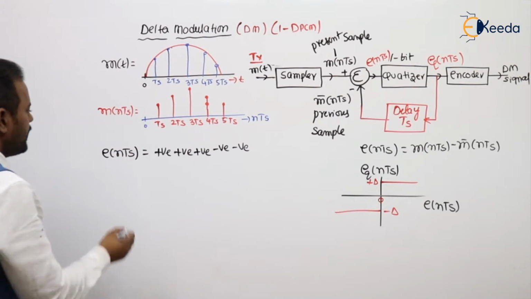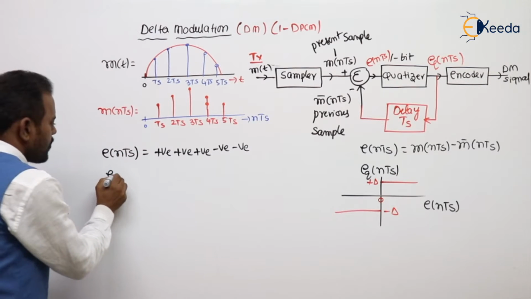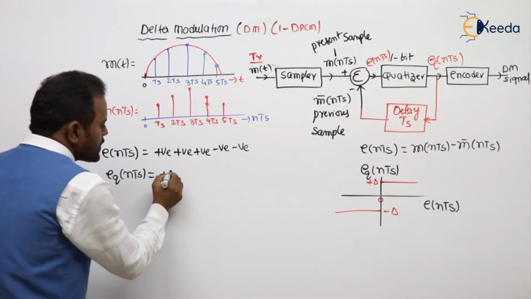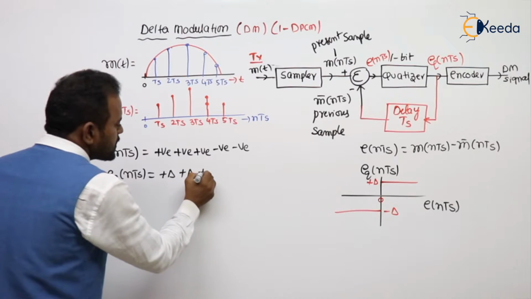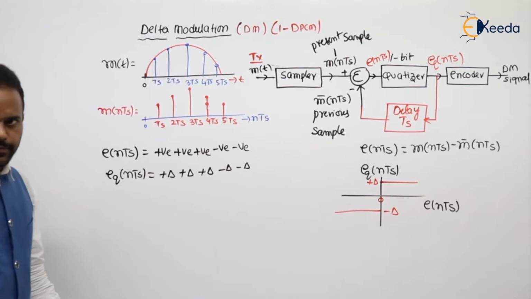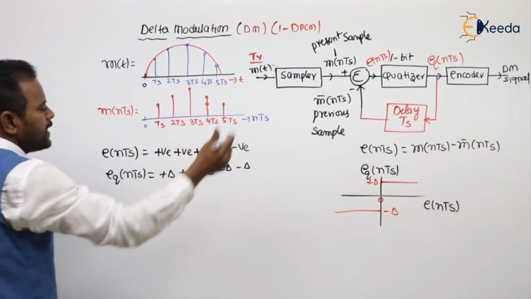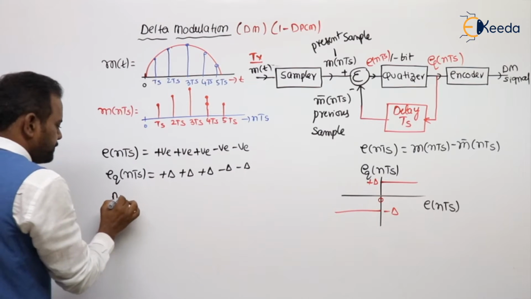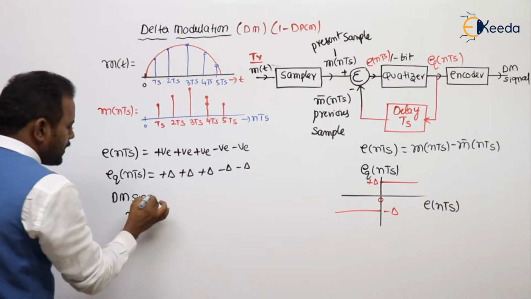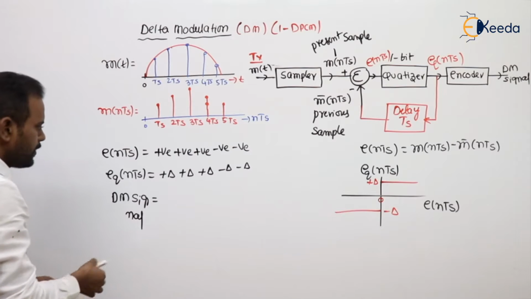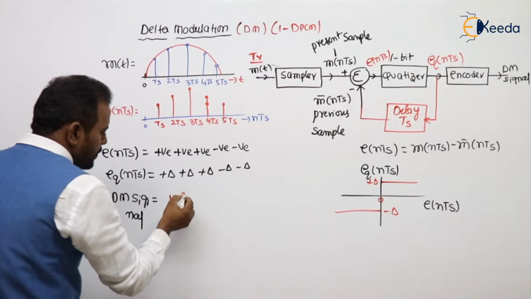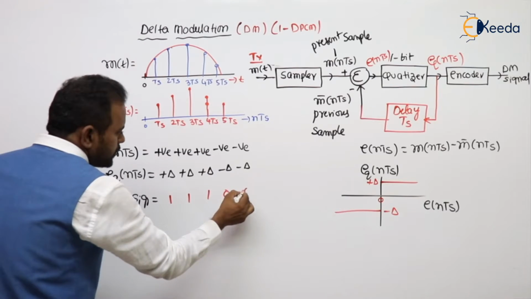This is given to the quantizer, and the output is eq of nTs. Positive means plus delta, positive means plus delta, positive means plus delta, negative means minus delta. And all these are given to the encoder. The output of the encoder is nothing but our delta modulated signal. Follow. Plus delta means the encoder will give 1 bit, so 1, 1, 0, 0.